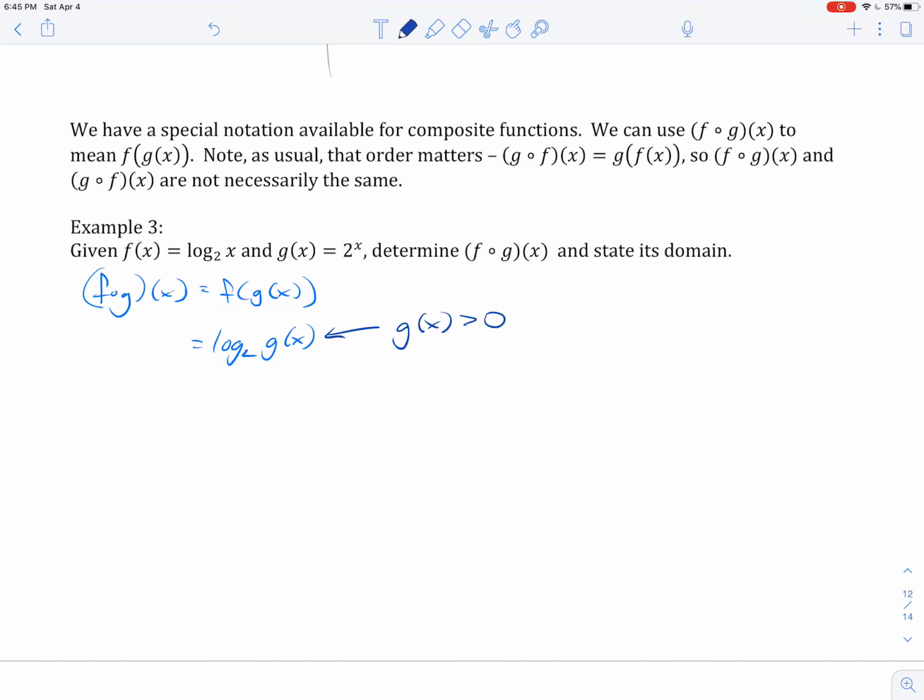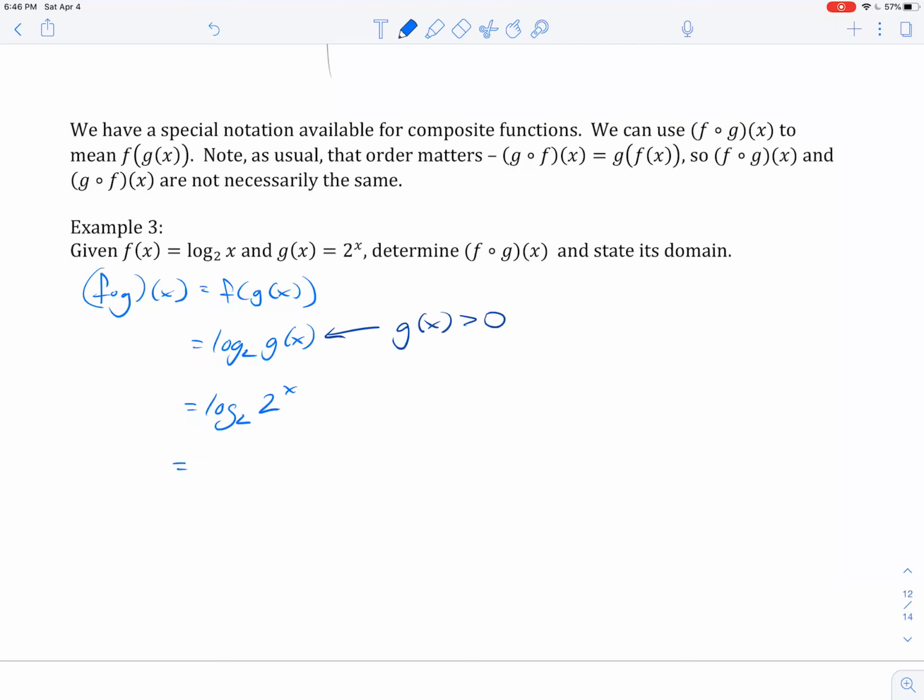Now we'll see eventually in this case, g of x is always greater than 0. 2 to the x is always positive. We know that from our exponential functions. So in this case, it doesn't cause a restriction, but we absolutely need to be aware of it. So note what can cause a possible restriction.